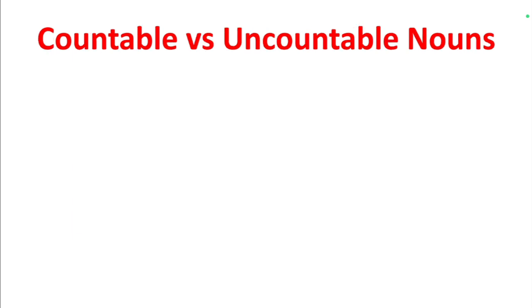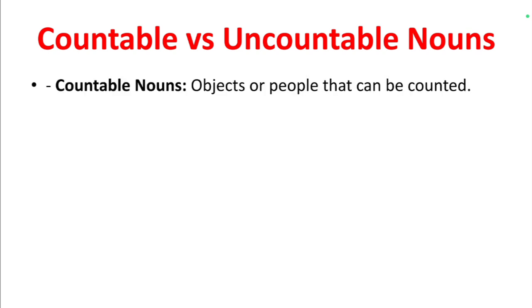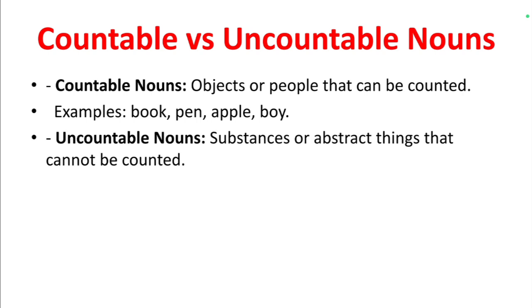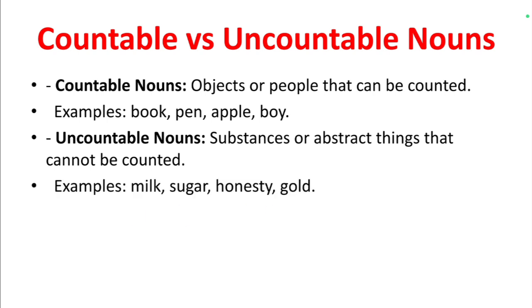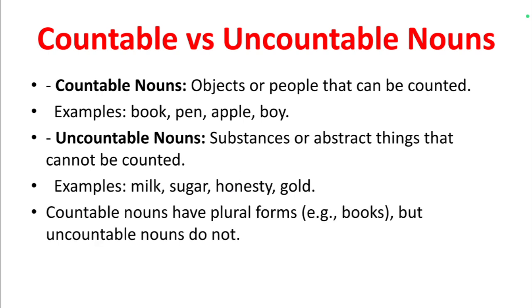Now let's know about countable nouns and uncountable nouns. Countable nouns are objects or people that can be counted, easily, for example book, pen, apple and boy. Uncountable nouns are substances or things that cannot be counted, for example milk, sugar, honesty and gold.